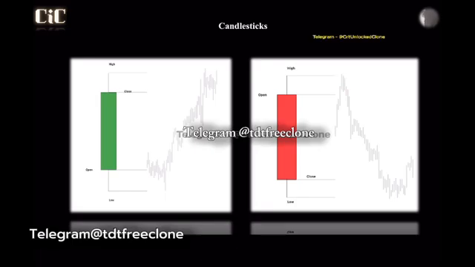Right? And note this down: open, turtle soup into the previous candle's low, CRT, and rally when bullish, and vice versa. Open, rally, turtle soup, and then dump.